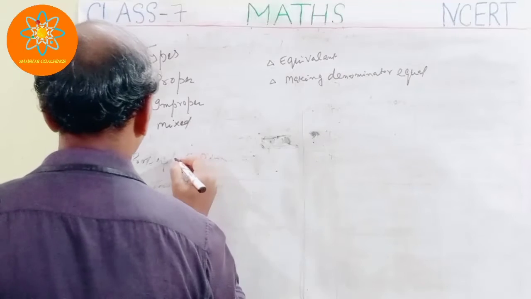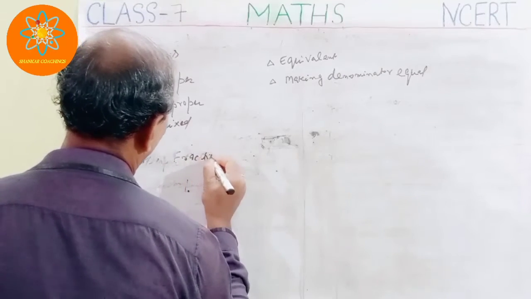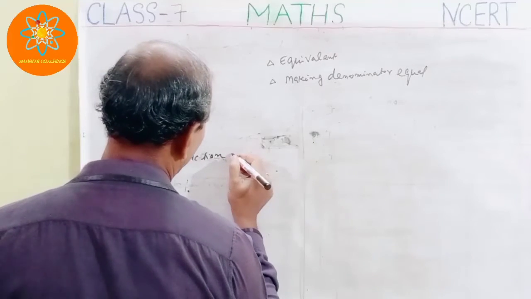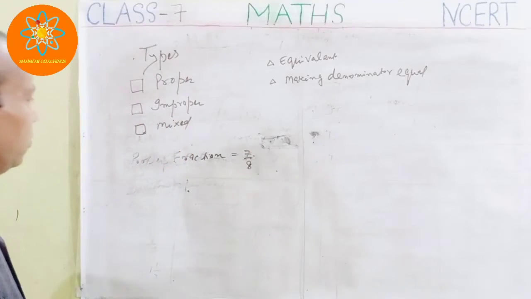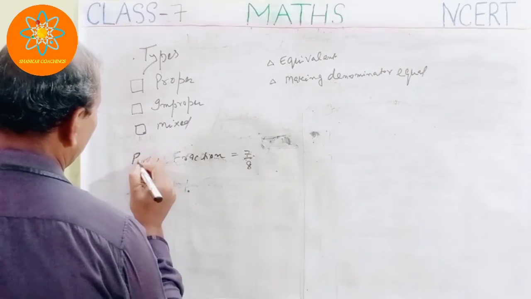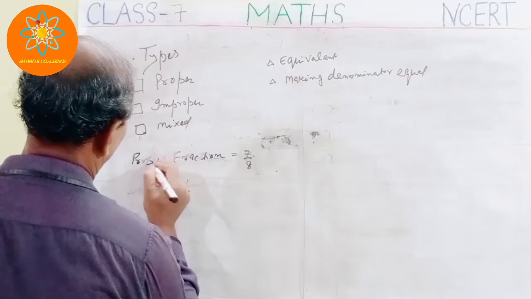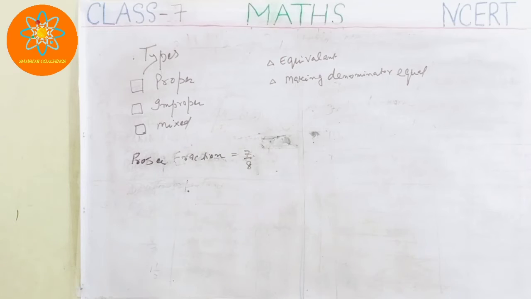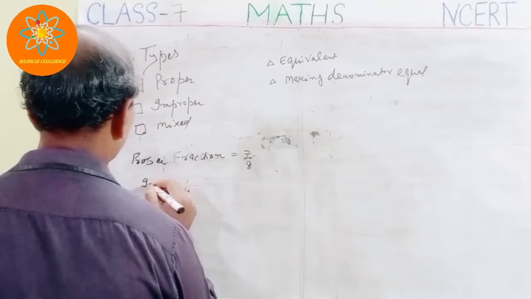Proper fraction, suppose 7 by 8. So this 7 by 8 is your proper fraction. Then the next one is improper fraction.